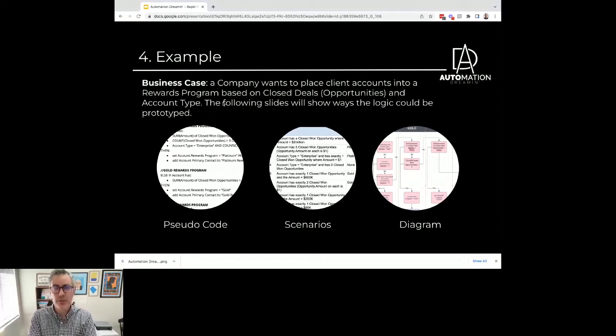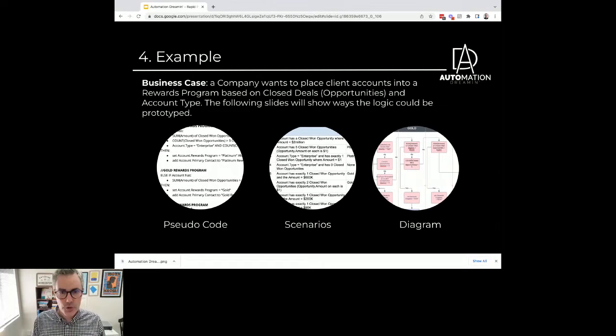So if we think about rewards programs as being like a platinum level, a gold level, a silver level, or not in any level at all, this company wants to look at all the opportunities associated with an account based on the amount, how many of them there are, etc., the type of account, whether it's an enterprise account, etc. Look through all that and place an account into one of those buckets, whether it's platinum, gold, or silver.